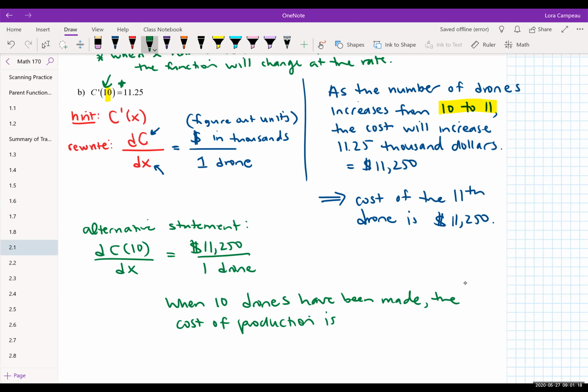So the cost of production is increasing at a rate of $11,250 per drone. There's that fraction notation. Fraction bars usually mean per. That comes back. So we'll revisit this again. And actually, we'll do this in the sense of maybe velocity and position in the next example. But you will see this type of interpretation happen again, and it will apply a little bit more to us calculating values. So we'll get there.